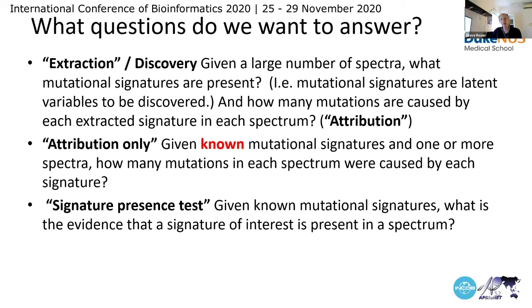And that's really not necessarily suitable for extraction. You can do extraction, and it's useful in the sense that you can see what you extracted and compare it to what you get by doing attribution only. But mostly you're going to be interested in just knowing what known signatures are present. It's hard to find new signatures in a few tumors unless they're blazingly obvious. So we're going to talk about that.